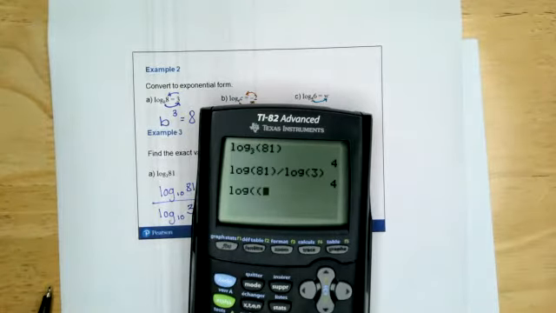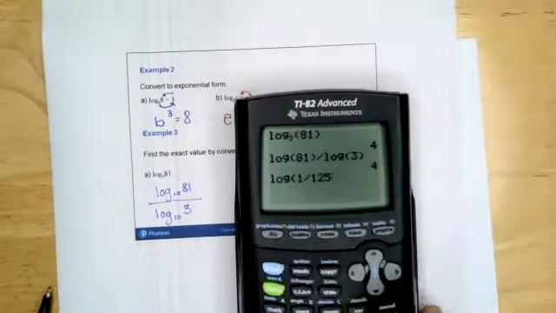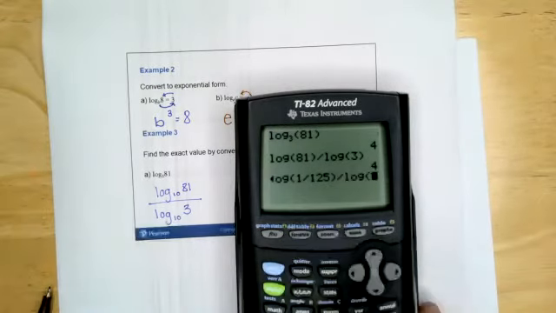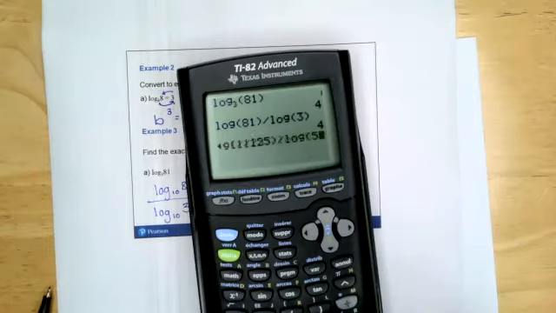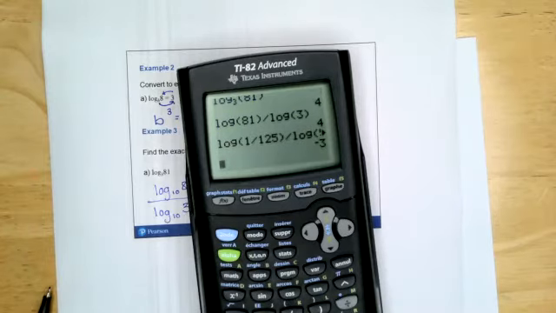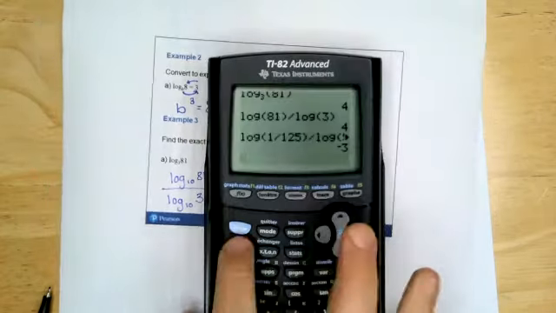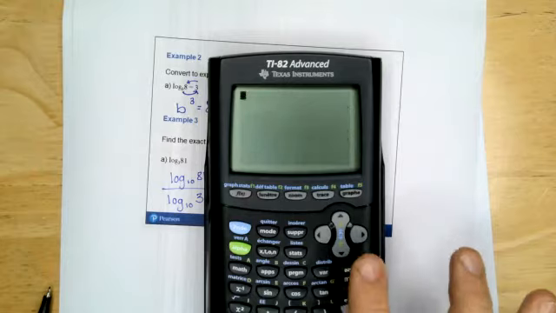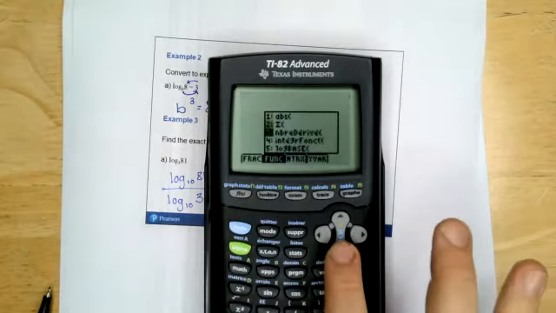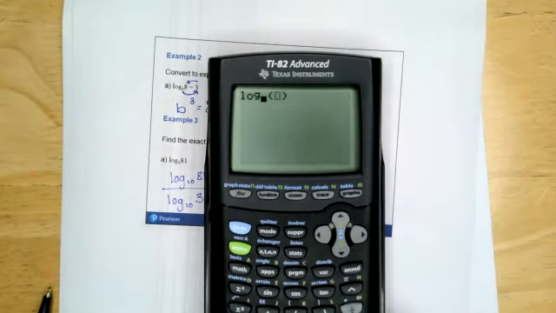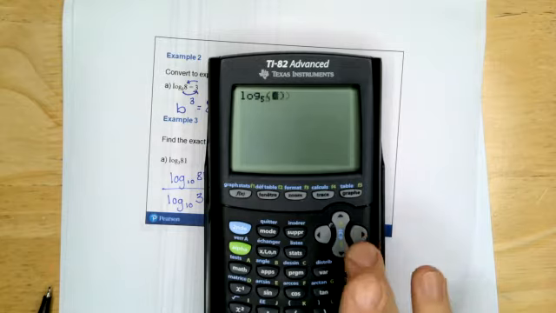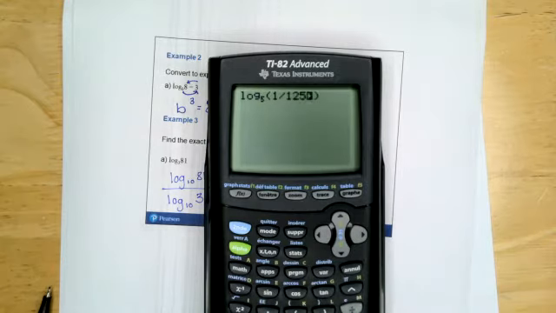So log of 1 over 125, was that what it was? Divided by the log of your base. Good. Or again, alpha window 5. Log base 5 of 1 over 125 is -3.